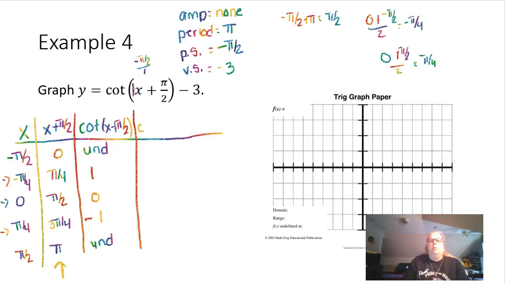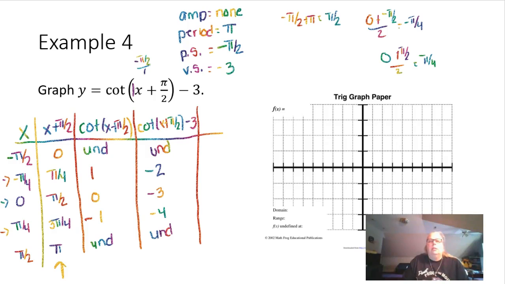And then we want to subtract 3. Well, if it's undefined and we subtract 3, it's still going to be undefined. 1 minus 3 is going to give me negative 2. 0 minus 3 is going to give me negative 3. Negative 1 minus 3 is going to give me negative 4. And again, if it's undefined and we subtract 3, it's still going to be undefined.